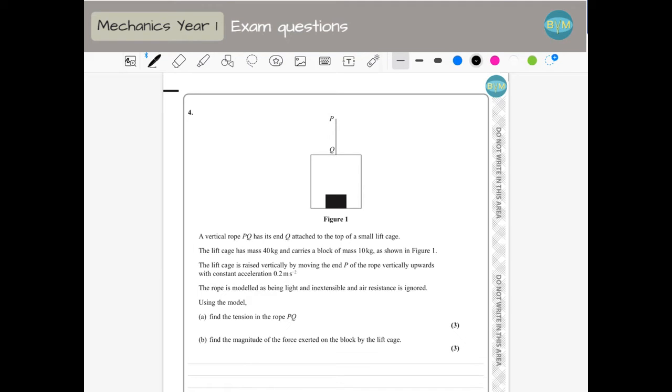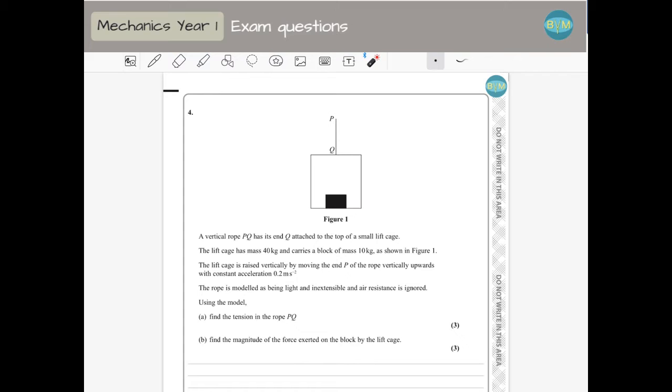Hello, this is question 4 on your AS level June 2022 paper from Edexcel, the mechanics paper, and it's quite a quick question if you know what you're doing. So you have a vertical rope PQ attached to the top of a small lift cage. The lift cage has a mass of 40 kilograms and carries a block of mass 10 kilograms.